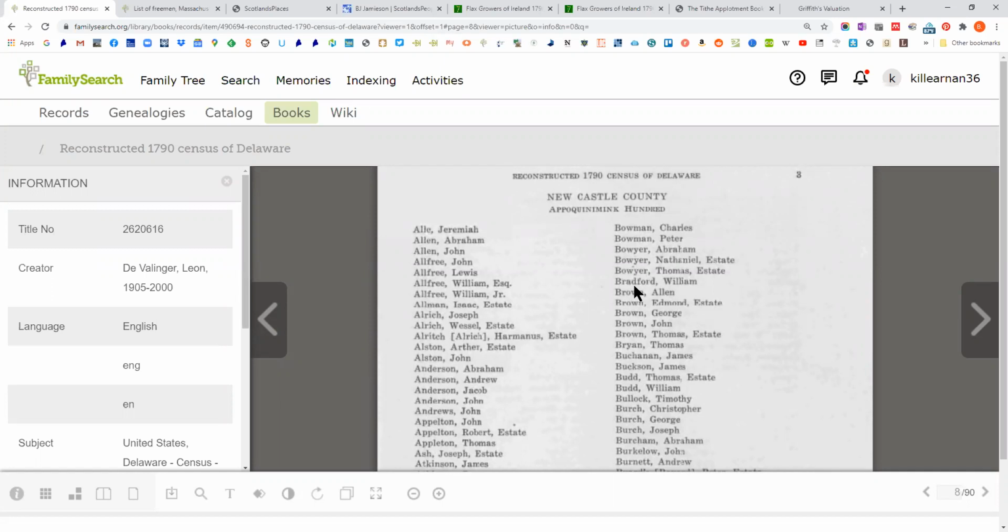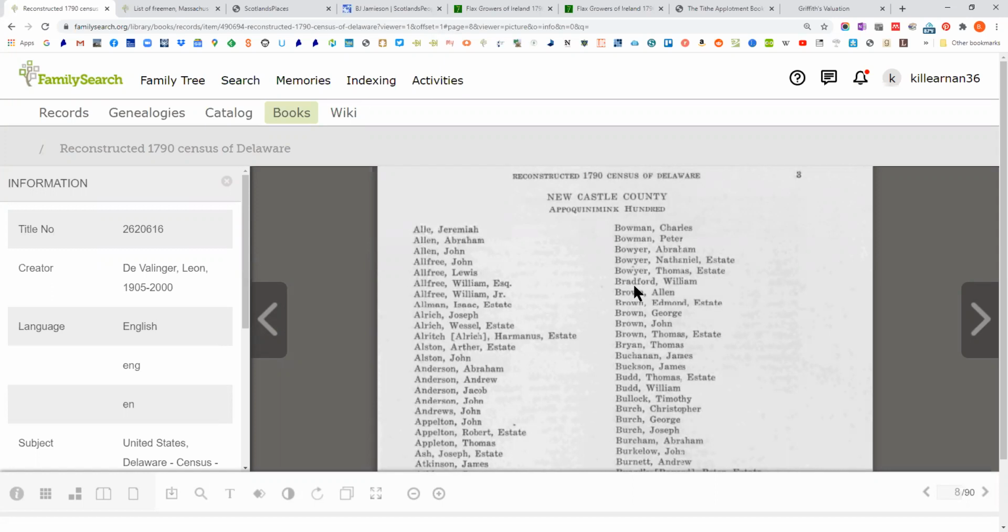And one of the things you end up doing with regular censuses, but especially with these, is figuring out if somebody isn't in the census or in the substitute, is it because they weren't covered as part of whatever documents were used to generate this, or is it a sign that they've moved to somewhere else? So, is it negative evidence, in other words?